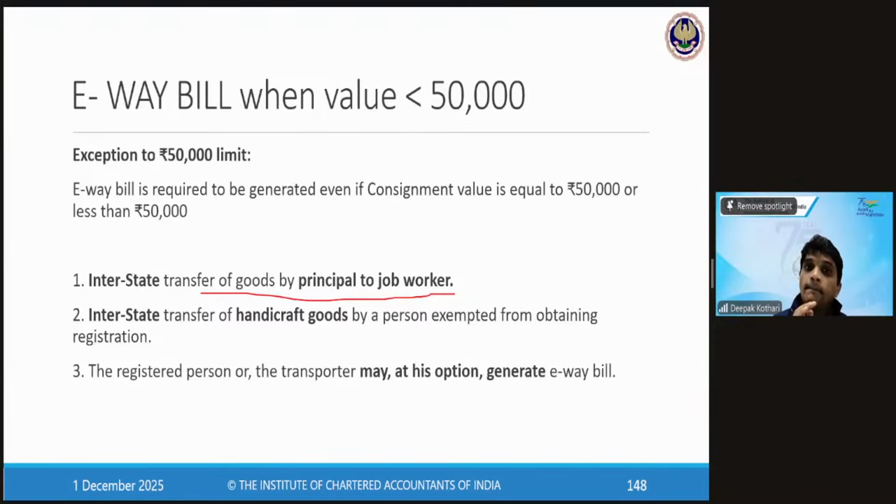But for handicraft goods, they've said that even if you're making handicraft goods supply, until you reach that limit, you can transfer interstate without registration. That is the special benefit given to a person who's dealing in handicraft goods: up to the limit of 20 lakhs or 40 lakhs, depending on which state you are in, you can transfer without registration. Can others do it?